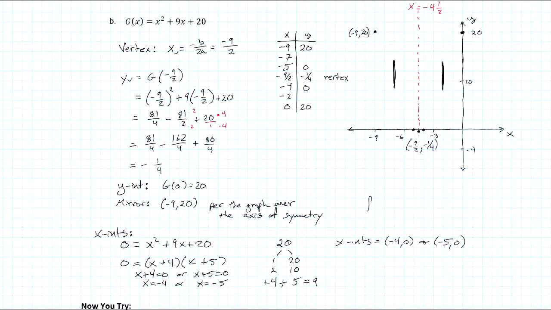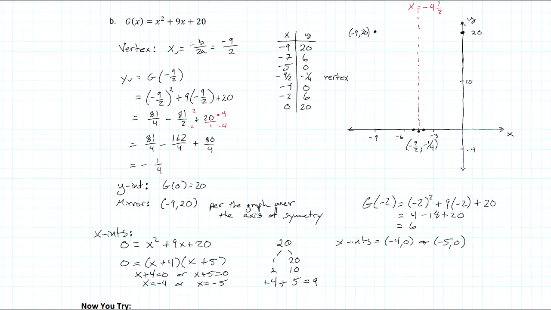So if I say G, capital G, of negative 2, this equals negative 2 squared plus 9 times negative 2 plus 20. So that's a 4 minus 18 plus 20. And that'll add up to 6. So those should both output a 6.